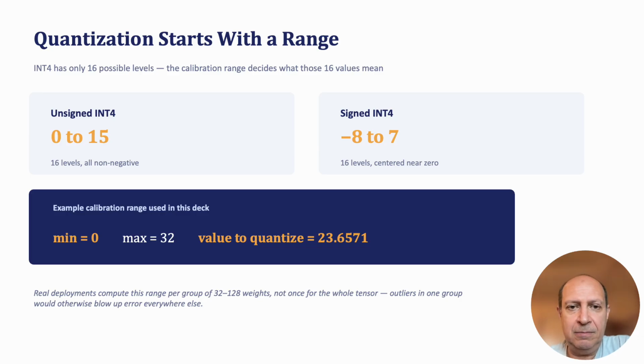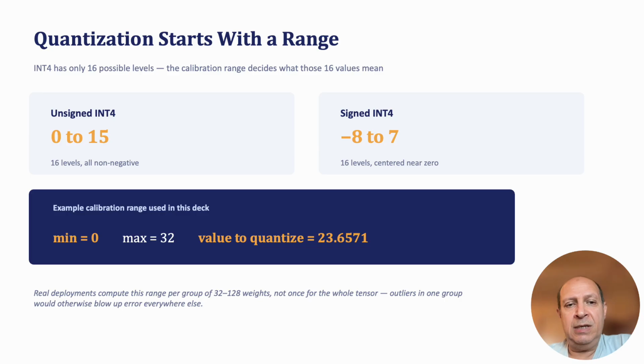To perform quantization, an LLM deployment calculates a calibration range per group of 32 up to 128 real number values. These real number values can represent weights or something else.